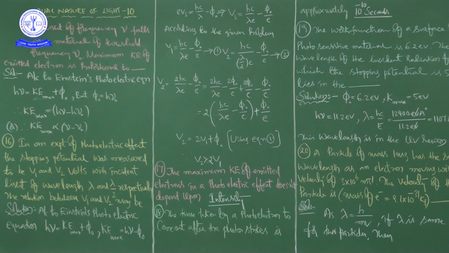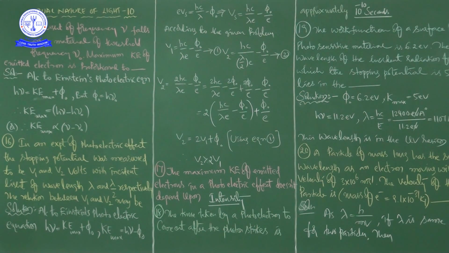Next, the same equation we write like this: in place of E, we write h nu, Ke maximum as it is, plus phi naught. Phi naught is the work function, and you know very well phi naught is equal to h into nu naught, because nu naught is the threshold frequency and h is the Planck's constant.